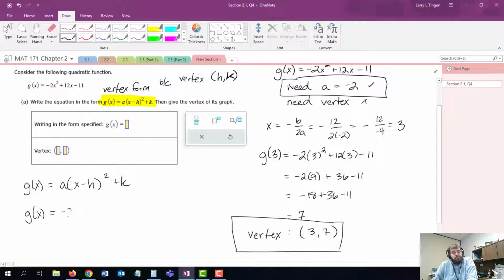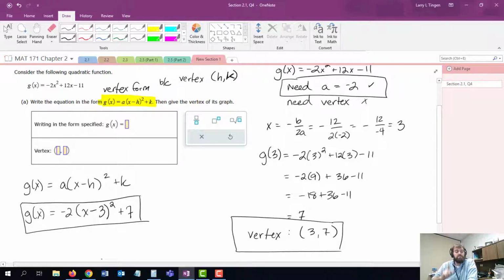Well, a is negative 2. h is the x coordinate of the vertex. And then k is the y coordinate. All right, so that's the first way you can do this problem.